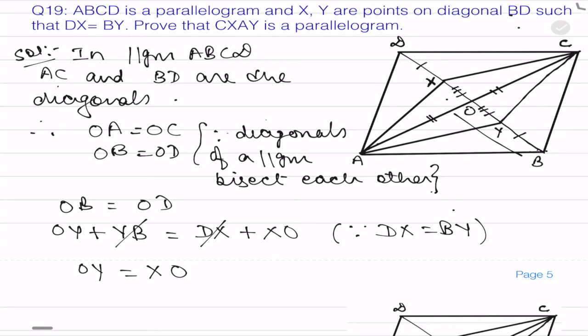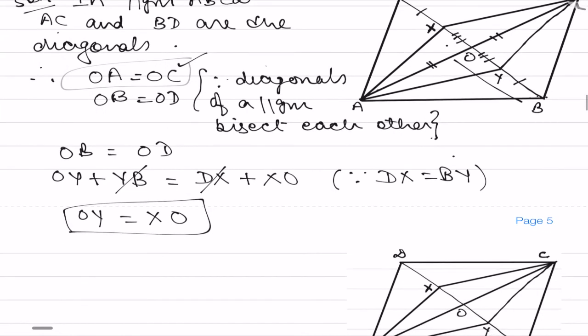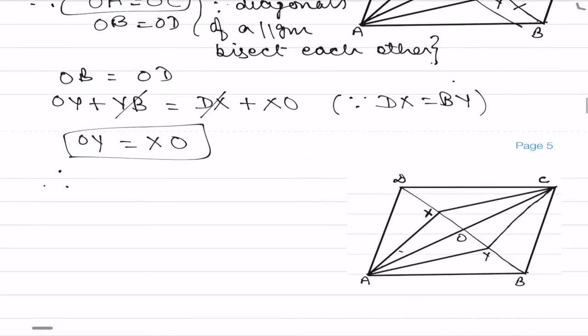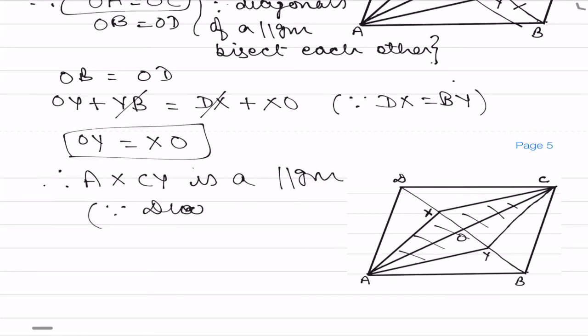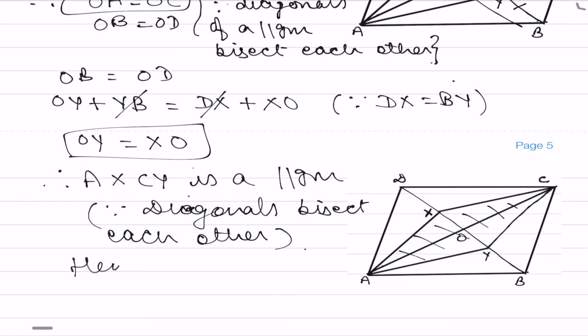So we can see in the quadrilateral AXCY, their diagonals are bisecting each other, as OA and OC we have already proved, and now OX and OY are also equal, that we have proved here. So therefore AXCY is a parallelogram as we have proved their diagonals bisect each other, and hence proved.